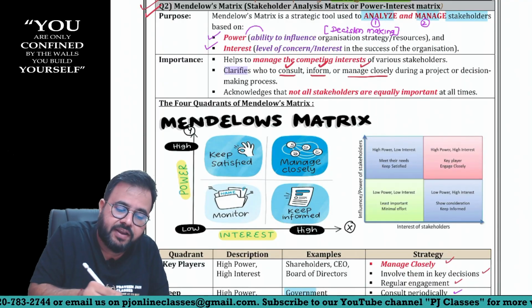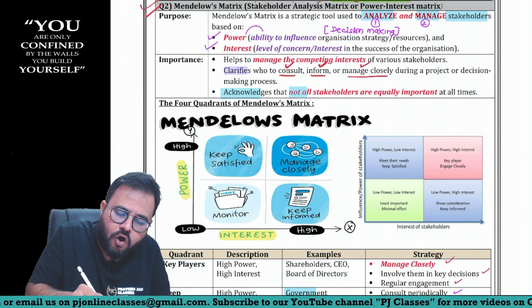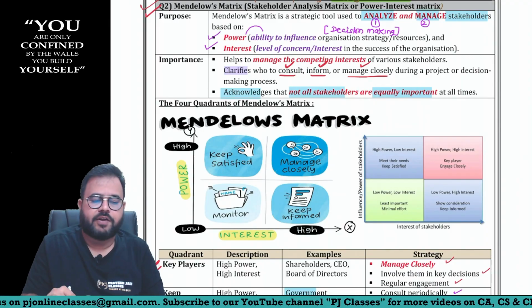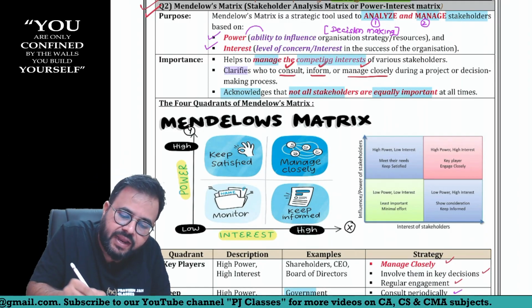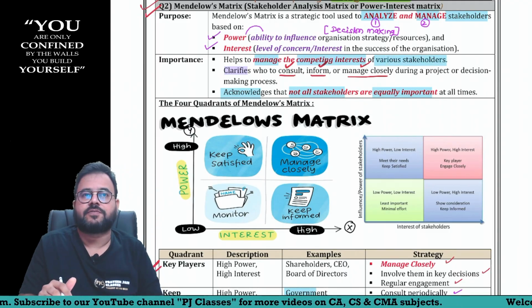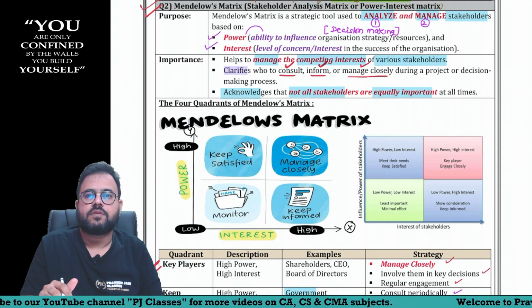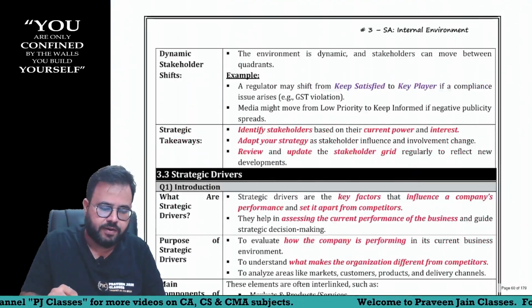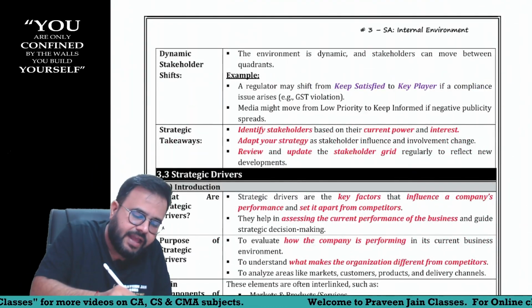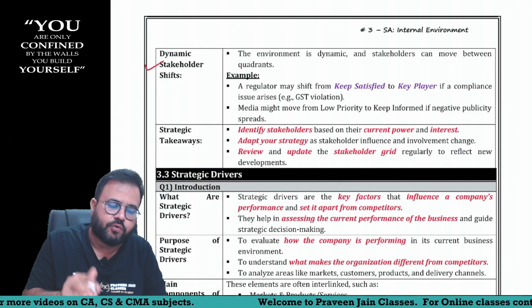Sir, Mendelow's matrix acknowledges what? That not all stakeholders are equally important. Next, it helps you manage the competing interests of various stakeholders. Are you understanding, sir? So that is the importance of stakeholders. Then dynamic stakeholder shift, I told you, sir.